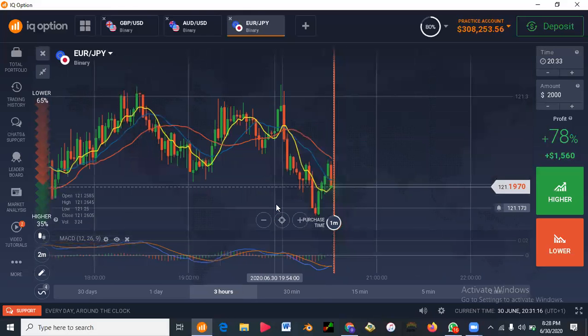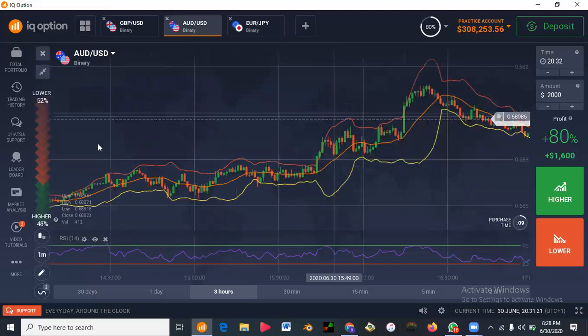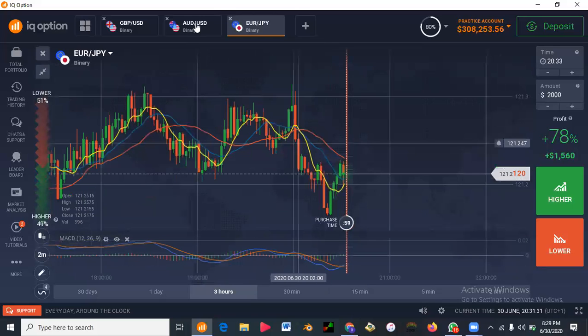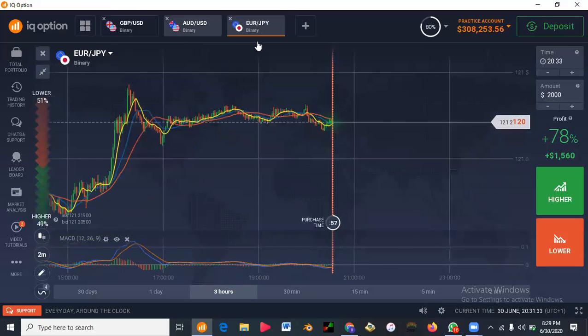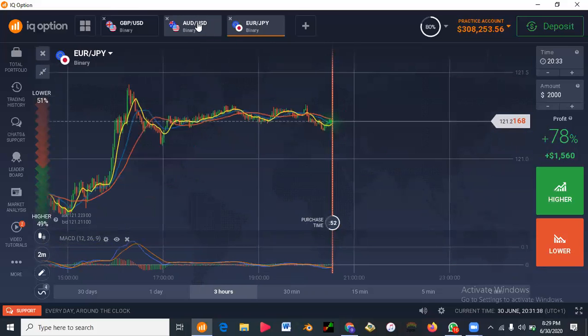So that's all about moving average and Bollinger Bands. I've gone over 4 indicators right now: the Bollinger Band, the RSI, moving average and the MACD. I've taught you how you can combine them, the ones that are more compatible.